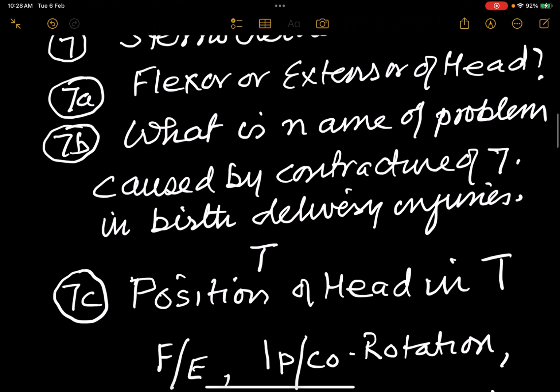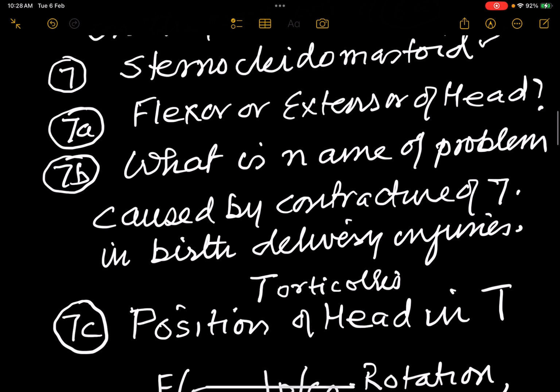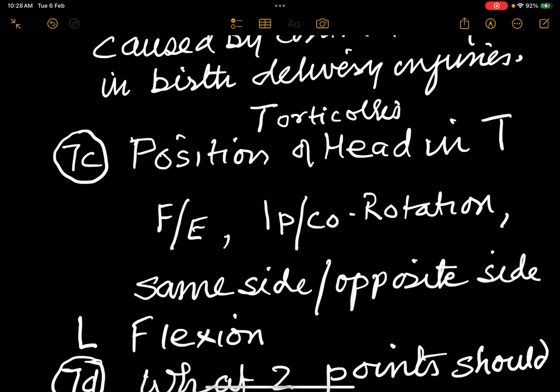What is the name of the problem caused by the contracture of the sternocleidomastoid sustained in birth or delivery injuries, when you are trying to pull the head by your forceps? Answer is torticollis. So what will be the position of the head in the torticollis?